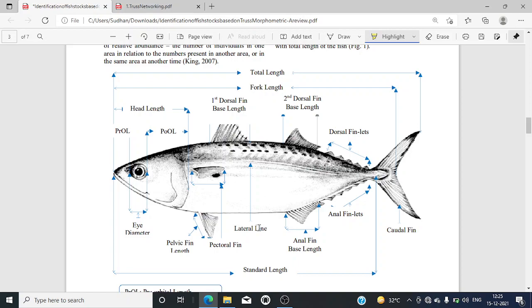You need to select the landmarks first, and what are the classical measurements you want to do, you fix it. You take a paper and draw the diagram, fix the landmarks and number them. If you are numbering, it will be helpful whenever you are digitizing the landmarks. And also it should be in a clockwise direction.